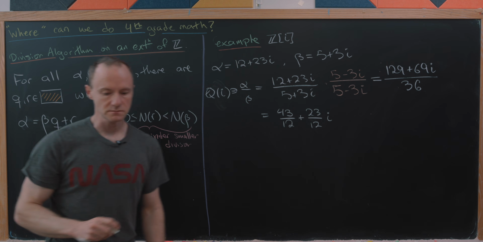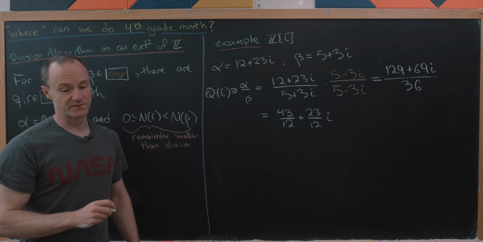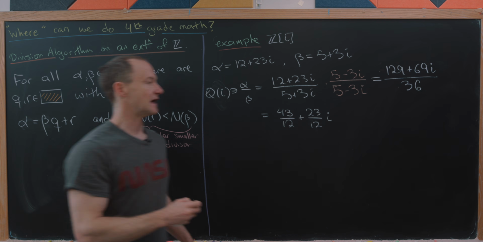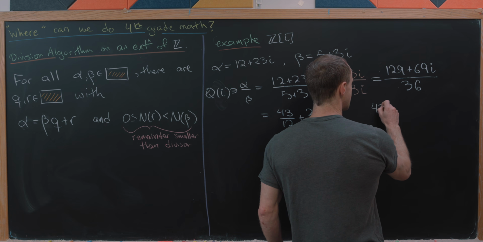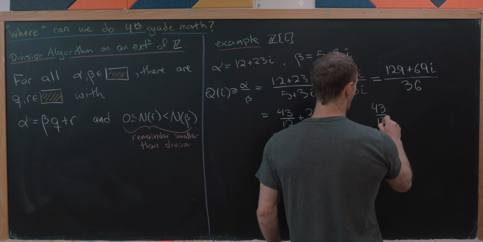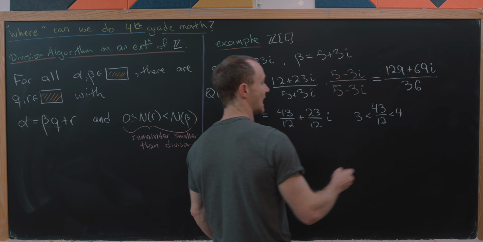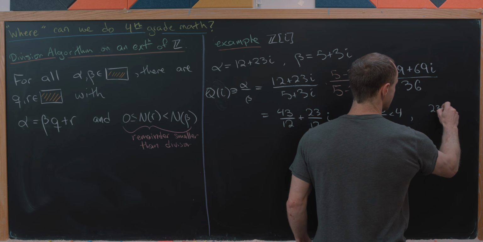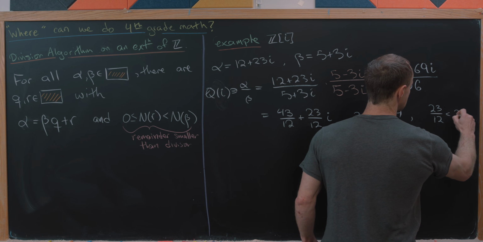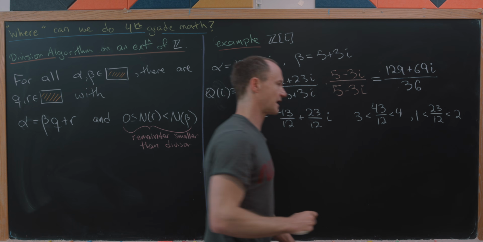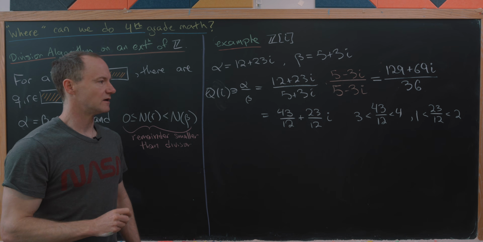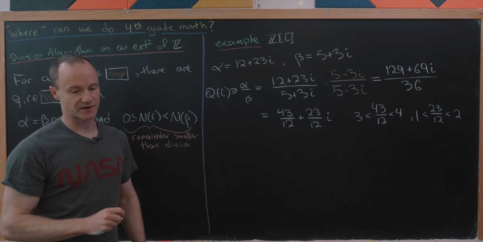And now I'd like to make the following observation, and that is that 43 over 12 lives between 4 and 3. And then also 23 over 12 lives between 2 and 1. I think it's pretty clear that those inequalities are satisfied.